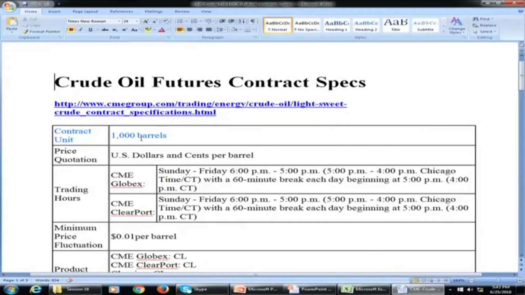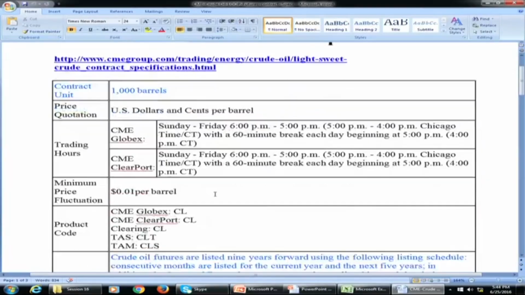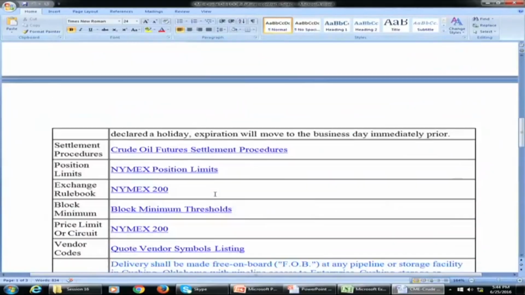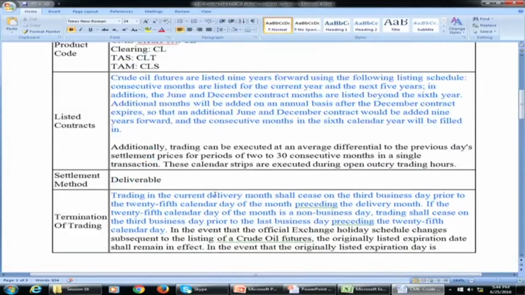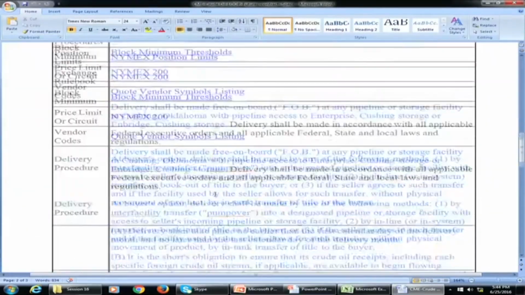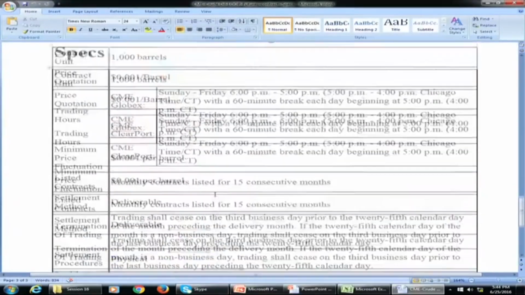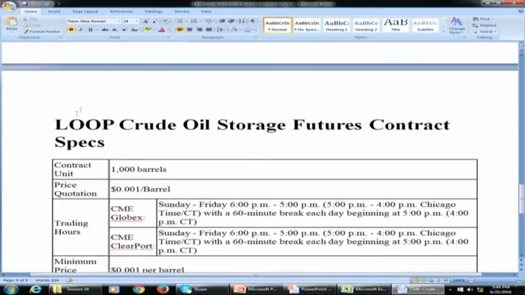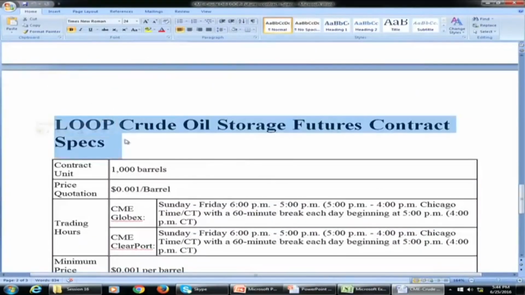The contract unit is 1000 barrels, but please note the seller of this contract is not going to deliver 1000 barrels of crude oil. This is the LOOP crude oil storage futures contract specification, again downloaded from CME.